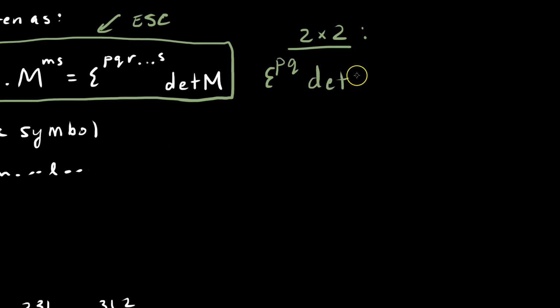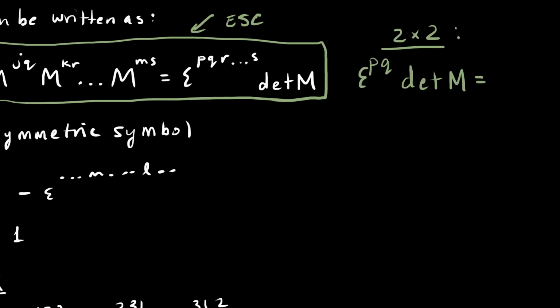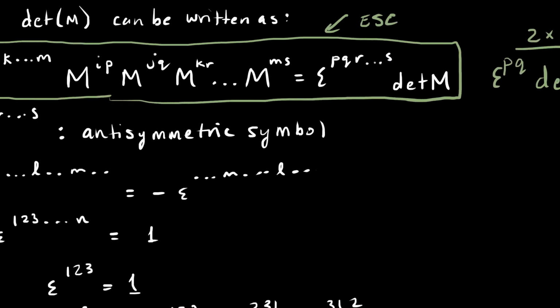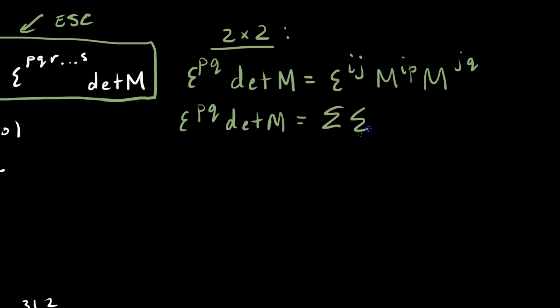The determinant of M is equal to, since it's 2 by 2, epsilon ij, and then M_iP, M_jQ. I just said that this is summed because it's a dummy index. So this is the same thing as saying sum over i, sum over j of epsilon ij M_iP M_jQ.